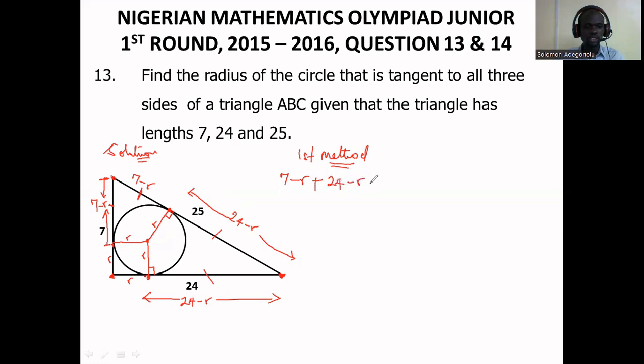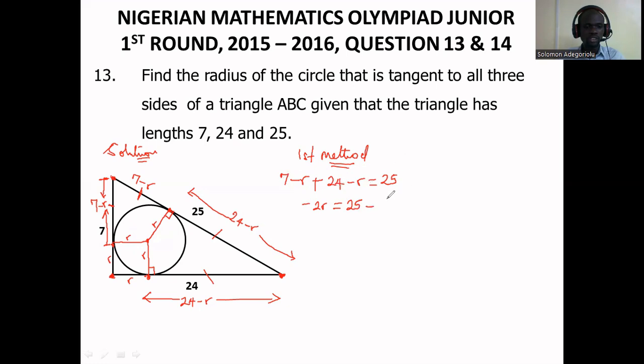From what we have here, we can collect like terms. Minus r minus r gives us minus 2r, which is equal to 25 minus, 7 plus 24, that's 31.